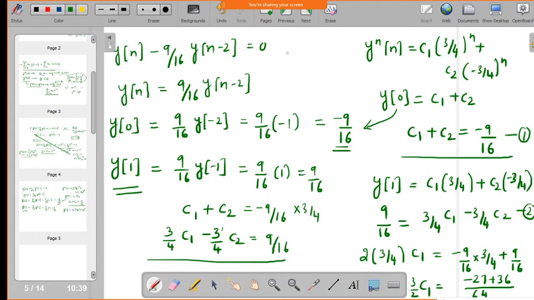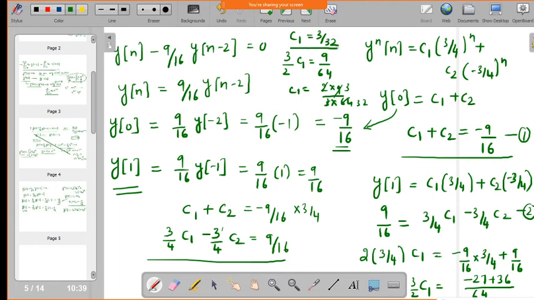So now 3 by 2 of C1 is equal to 9 by 64, and C1 will be equal to 2 times 9 divided by 3 times 64, which is equal to 3 by 32. Anybody got it?